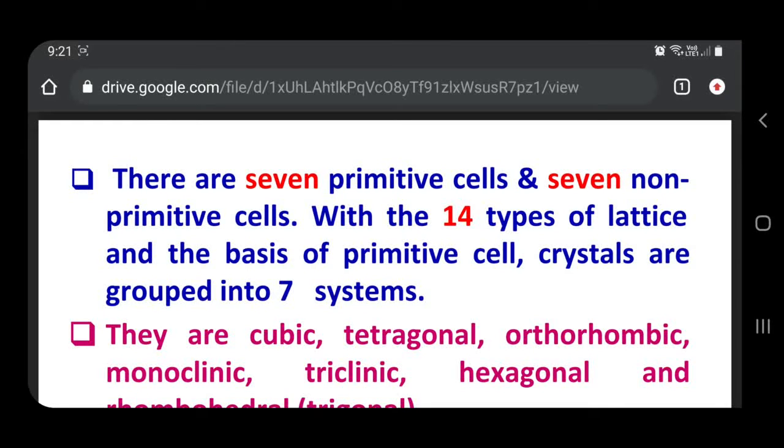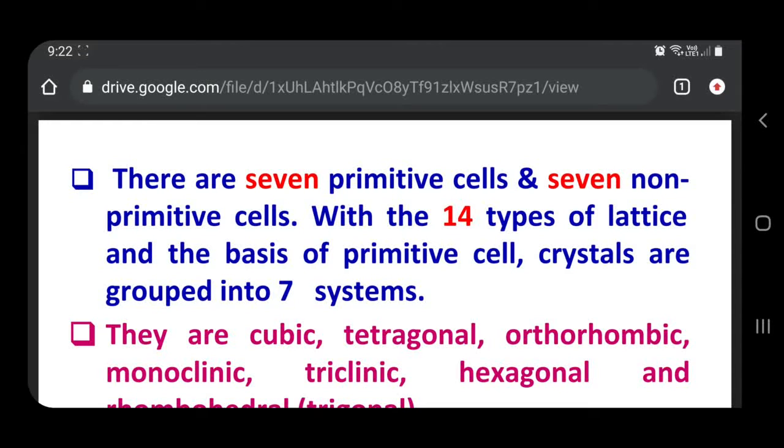No other points will be there, either interior or at any other places. So a primitive cell is a unit cell which has a number of lattice points per unit cell. Lattice points per unit cell is nothing but the number of atoms or molecules or ions. So in one unit cell, only one atom, one molecule or one ion should be present.